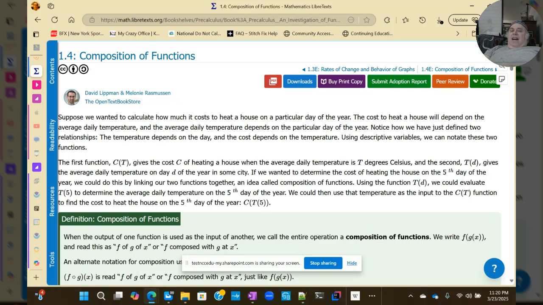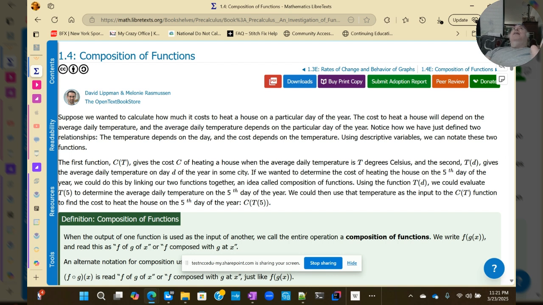The idea is that often one function is not enough to describe something, right? So you need to know how much. We've encountered this already with cost functions. For example, we had the cost as a function of quantity, and we wanted the cost as a function of price.